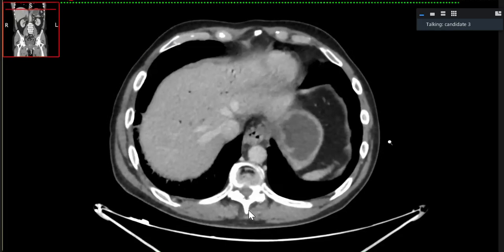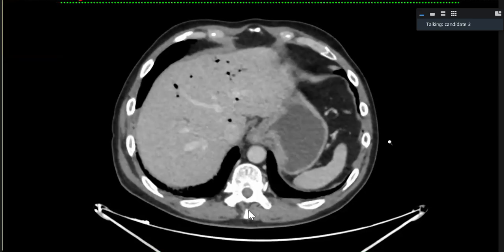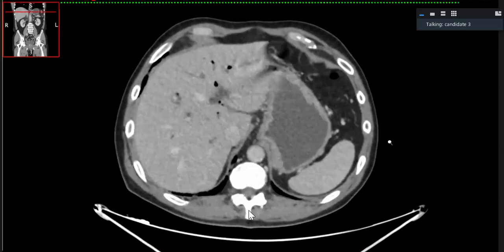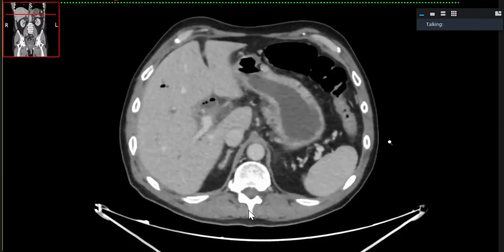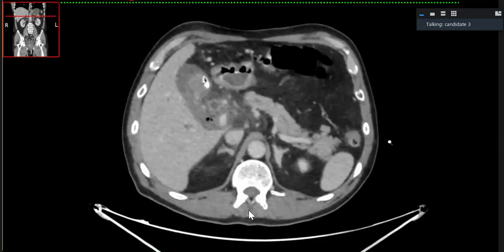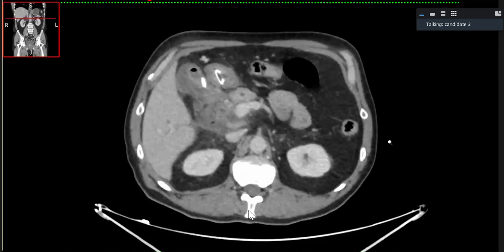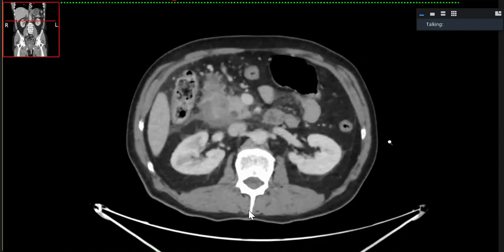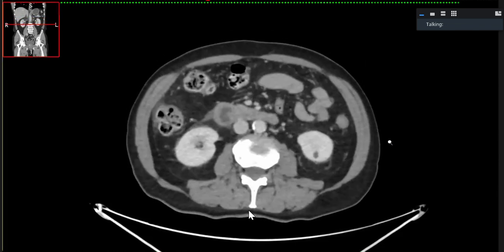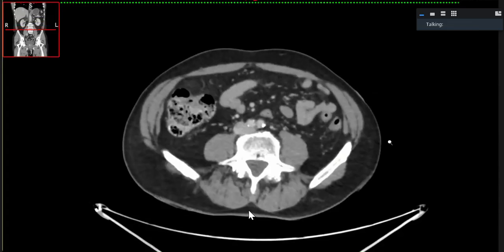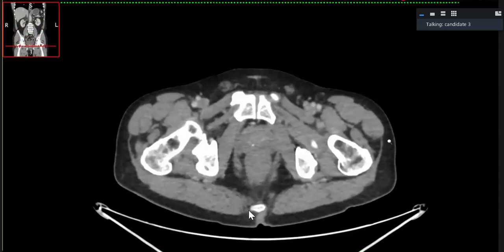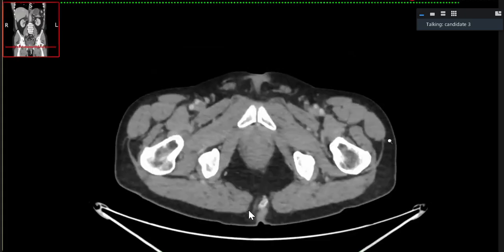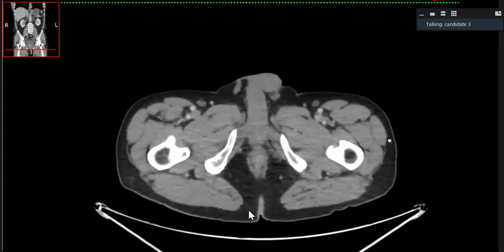This is axial post-contrast venous phase CT abdomen of a 74-year-old patient who had history of jaundice, and some intervention has been done. I'm scrolling through the images, and I will go till the last cut. So coming back to the main, it's a male patient.